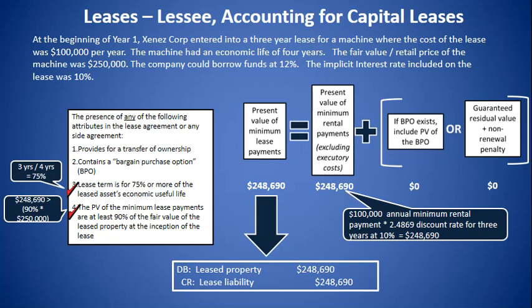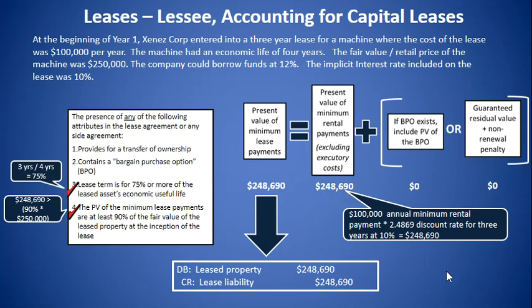To that, then, we're going to add any bargain purchase option. In this case, there is no bargain purchase option, so that is going to be 0. Also, since there's no bargain purchase option, we're going to add in any guaranteed residual value or non-renewal penalty. In this case, there are no such items in the text of the problem, so those would also be 0. So the present value of our minimum lease payments equals $248,690.